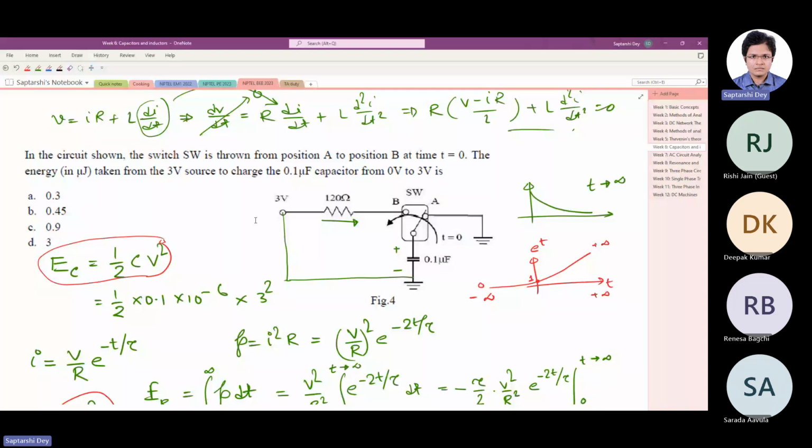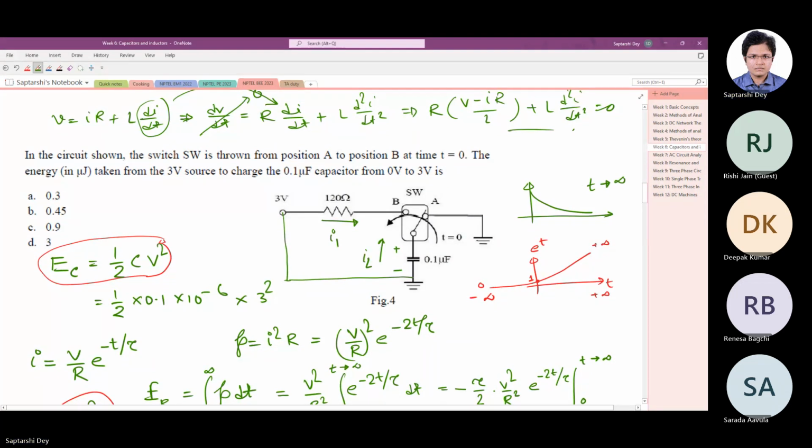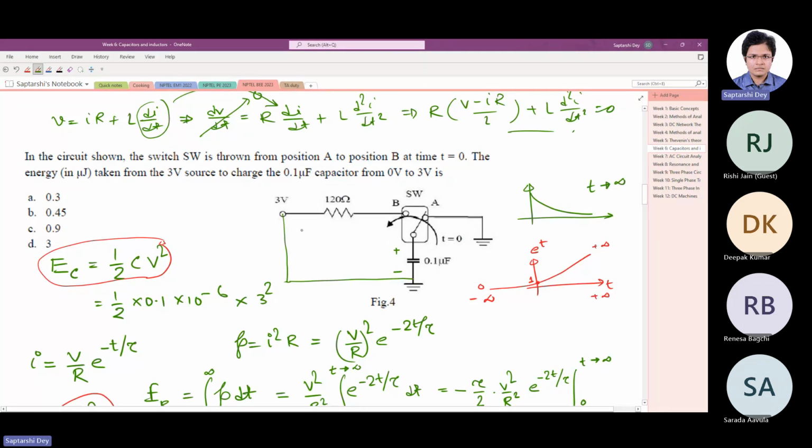So I1 is equal to minus I2. Are you making this one as I1 and this one as I2 like this? Are you writing? Yes, sir. The directions are just opposite, sir. Why are you making your life so difficult? Why can't you simply take a current like this?